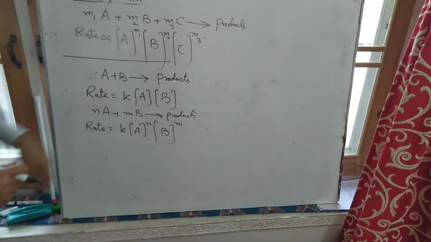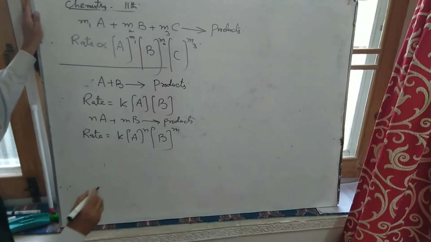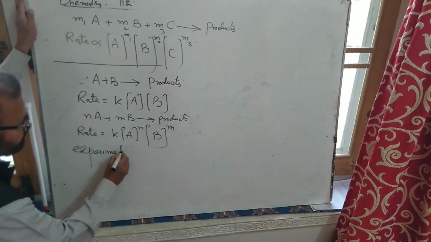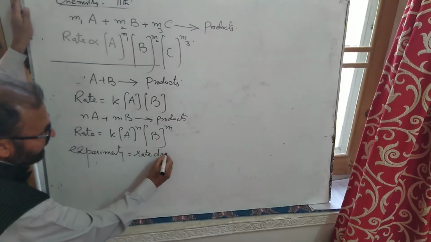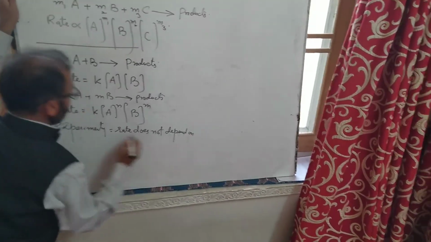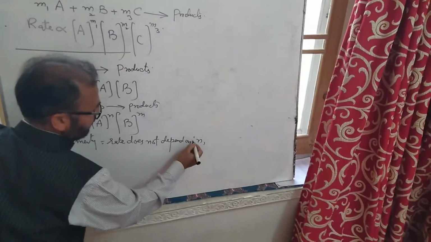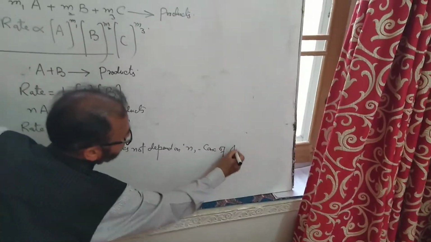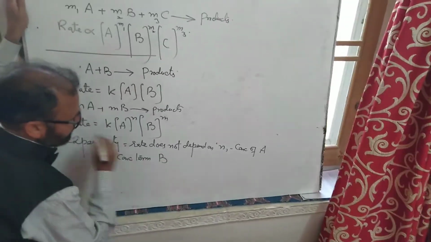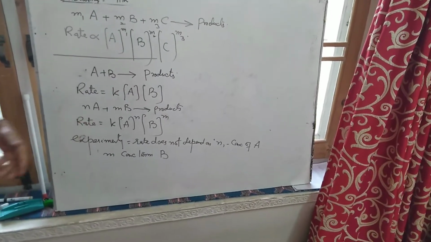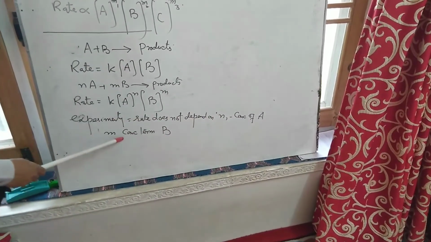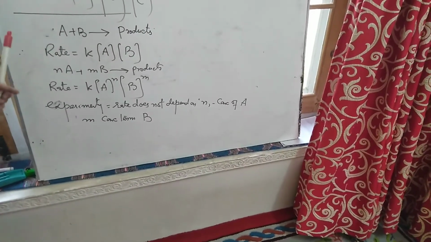Now experimentally it has been found, keep it in mind, that rate does not depend on N, the concentration term of A, and M, the concentration term of B. That means the rate of the reaction does not depend on all N concentration terms of A and all M concentration terms of B. That is, it depends upon some other terms.